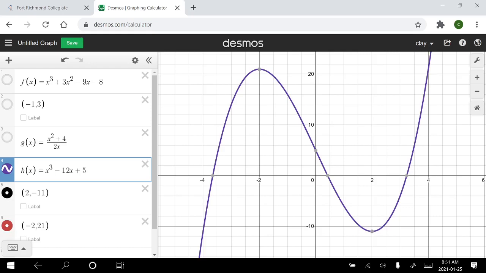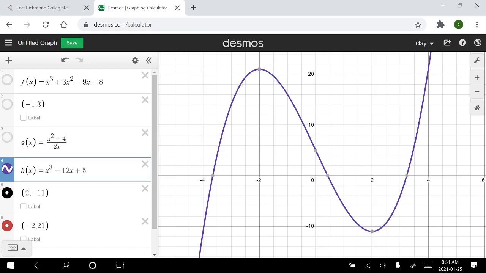Negative 2 and 21, and positive 2 and negative 11. Local max, local min. And I could have found my inflection point. Looks like my inflection point's somewhere between these two things. Okay, how would I have found the inflection point? Let's go back and do the inflection point.